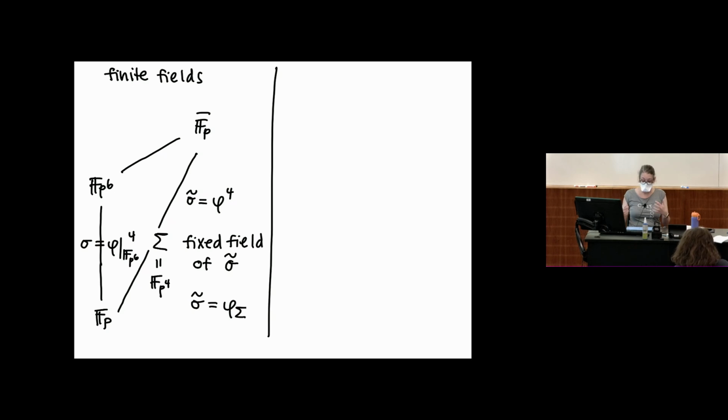And what is more, when I do this judgment map for my Galois automorphisms, asking them what power of Frobenius they are, this sigma tilde goes to 4, because it's the 4th power of Frobenius.